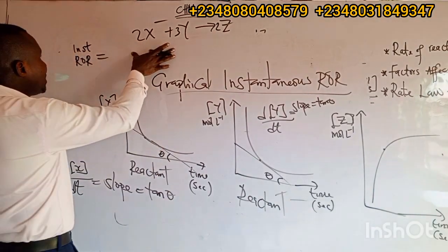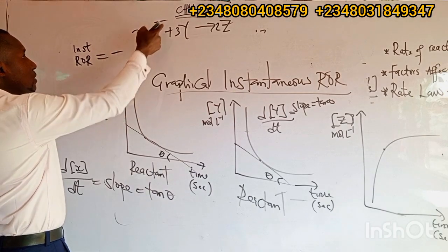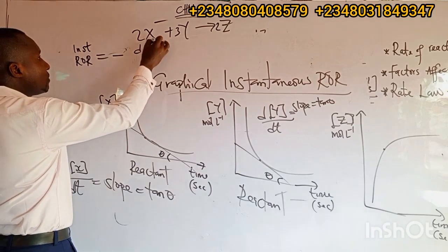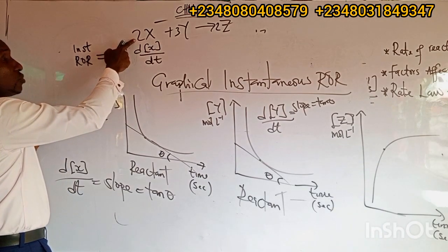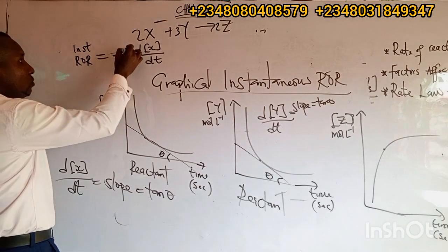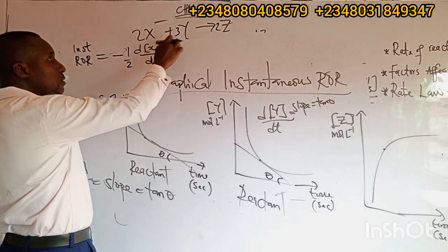For the instantaneous rate of reaction, the reactant side is negative, decreasing in concentration. Therefore, minus dx over dt. What is the stoichiometric coefficient for X? 2. So divide the concentration by 2, 1 over 2, equals the instantaneous rate of reaction.